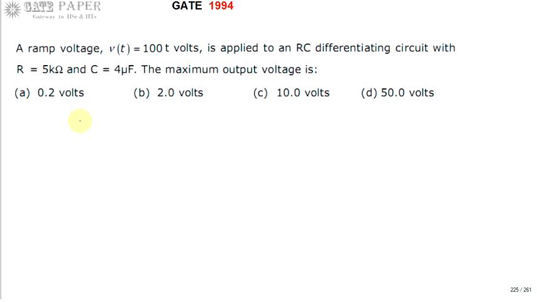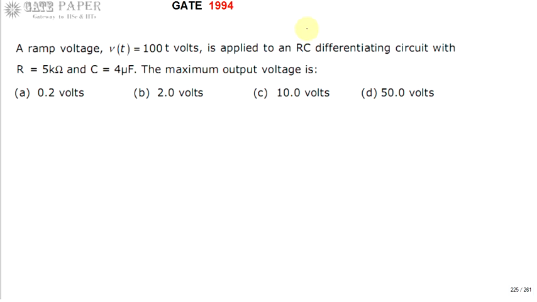And we know that a simple RC circuit can act as either high pass RC or low pass RC, and when it acts as high pass RC, it can act as a differentiating circuit based on a condition that the time constant has to be very small compared to the time period of the signal you are applying.